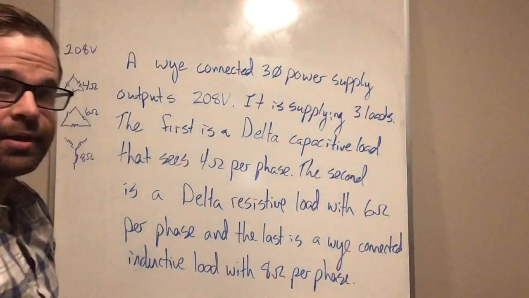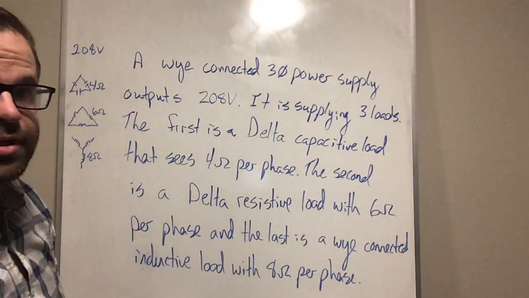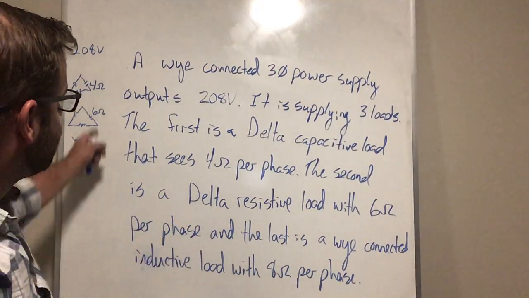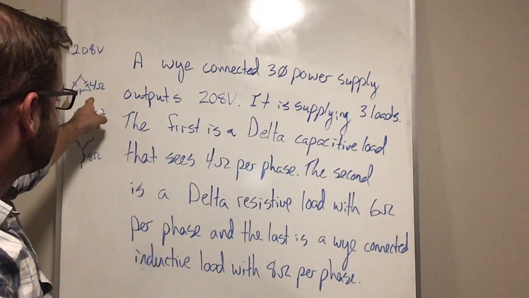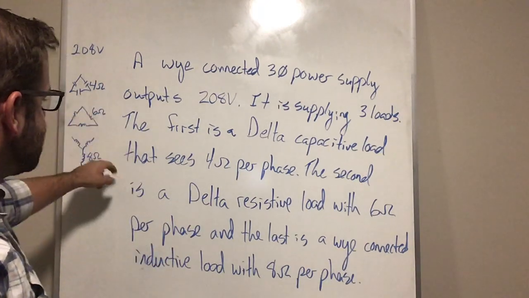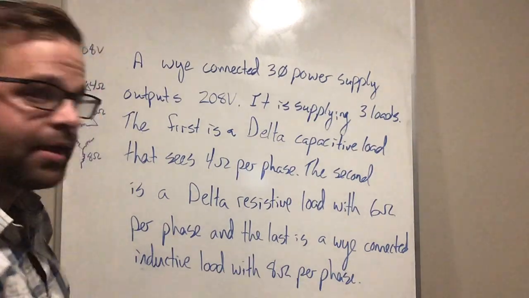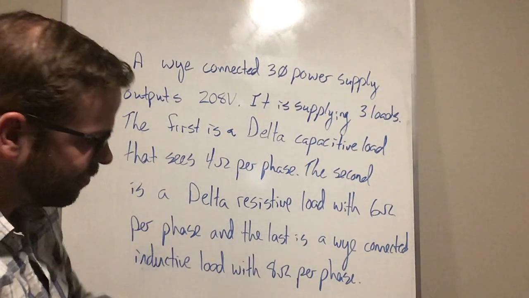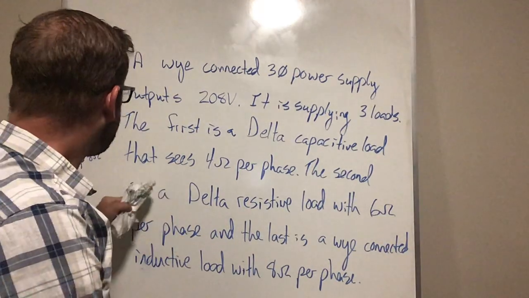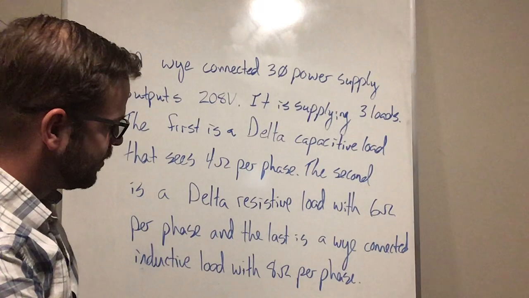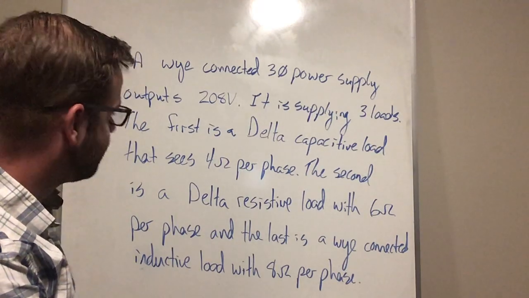Just off to the side, I've written down the key information that we have: a supply of 208 volts, a delta capacitive load of 4 ohms per phase, a resistive load of 6 ohms per phase, and an inductive load of 8 ohms per phase. I'm going to erase this as I go through the problem. So I'll let you copy that down, pause the video, and then we'll come back and work through it.